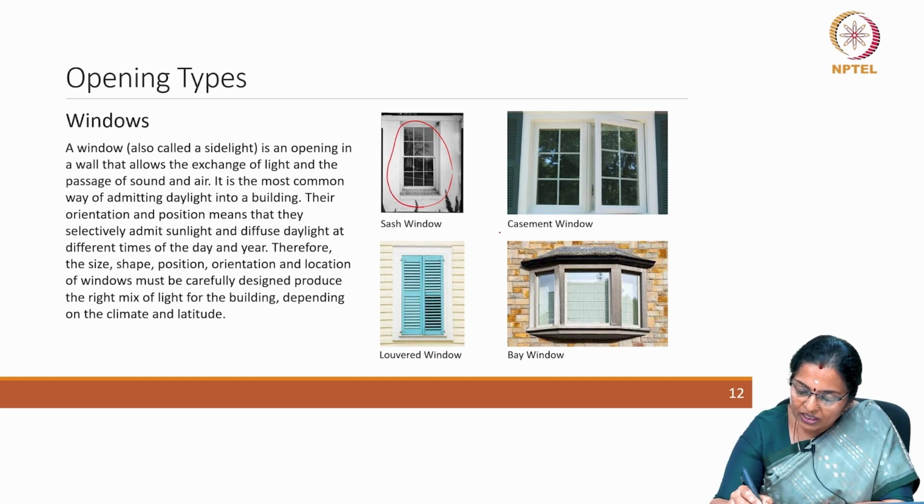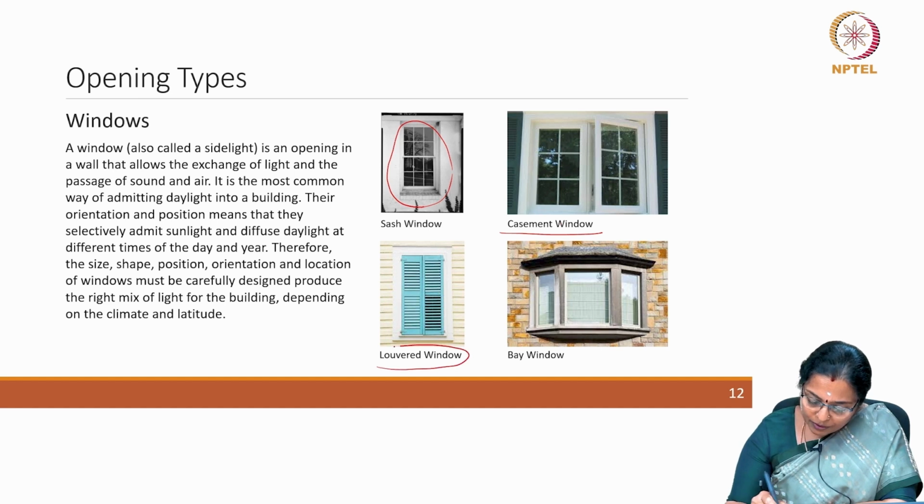Then we have the casement window, which is normally used in our part of the world. Along with the casement window, we must ensure that we have appropriate shading devices. More on that in the classes to come.